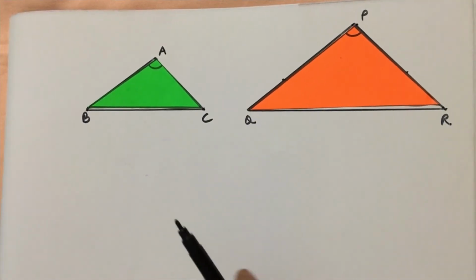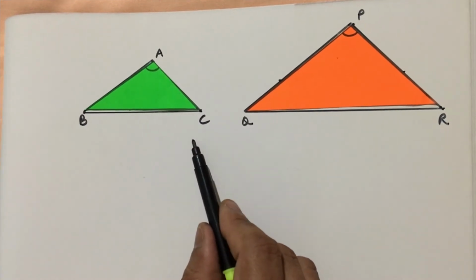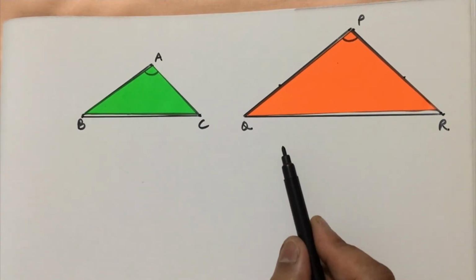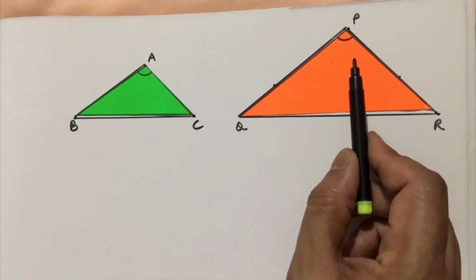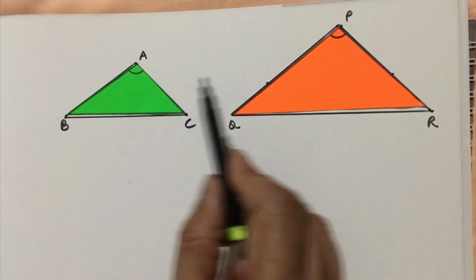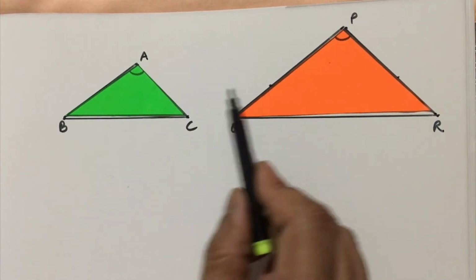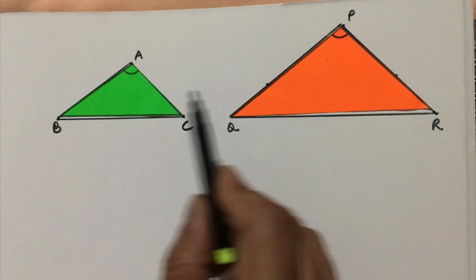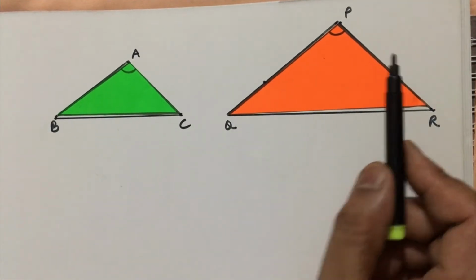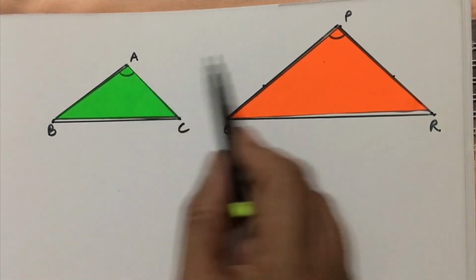Let us take two triangle cutouts ABC and PQR in such a manner that angle A is equal to angle P, and AB is proportional to PQ and AC is proportional to PR. It means AB by PQ is equal to AC by PR, and as well as the included angles are equal.